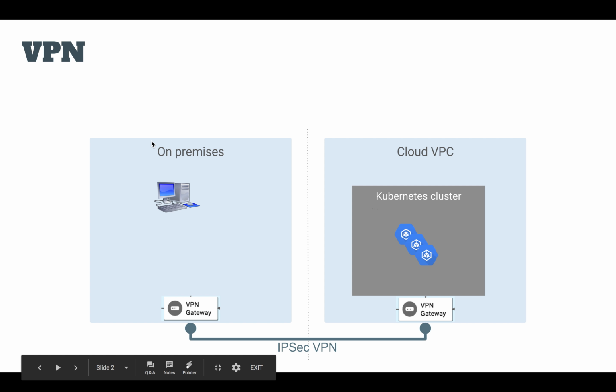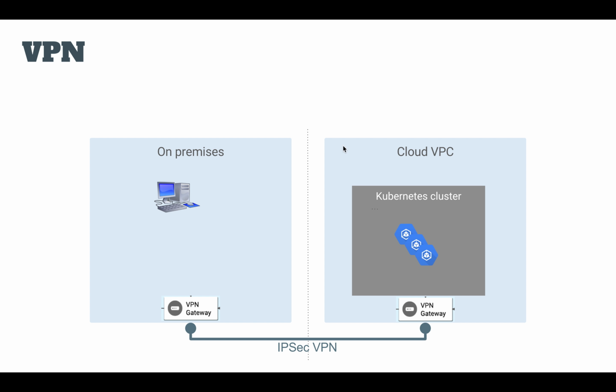So this scenario is on-premise to cloud connectivity, where I want to go through a VPN gateway and not the public internet to connect an on-premise client to a server or an application running in Google Cloud.